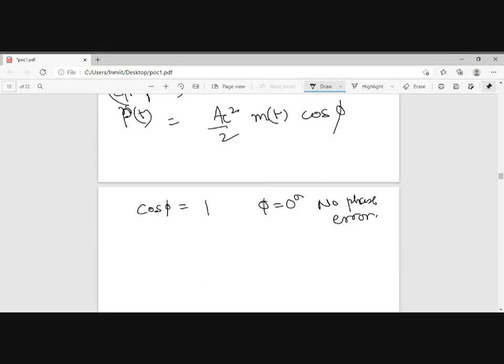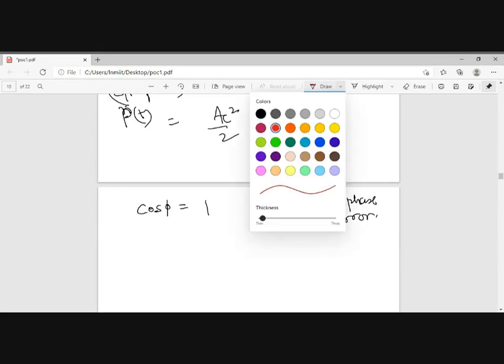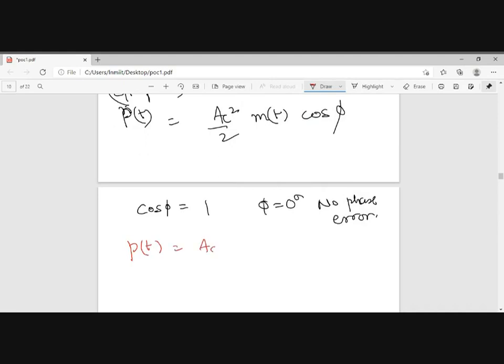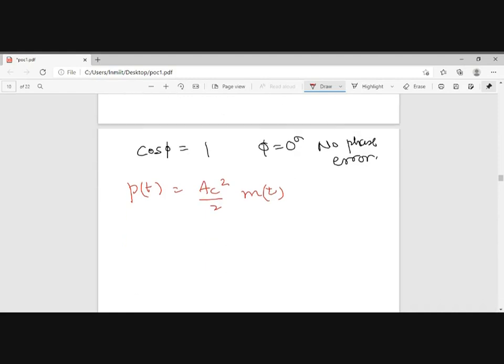When there is no phase error, you can see that p(t) is equal to Ac²/2 m(t). There is no problem for us. Now as φ increases from 0 to 90 degrees, the amplitude of m(t) falls. We are taking φ to be a constant, not a function of time.